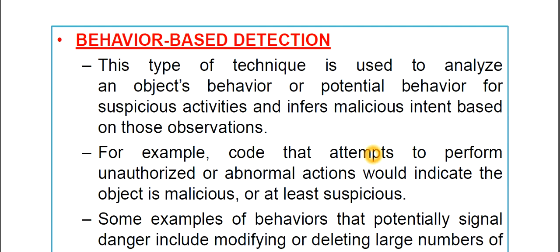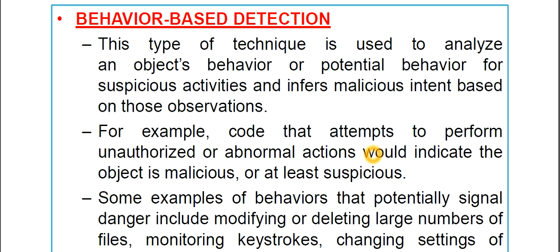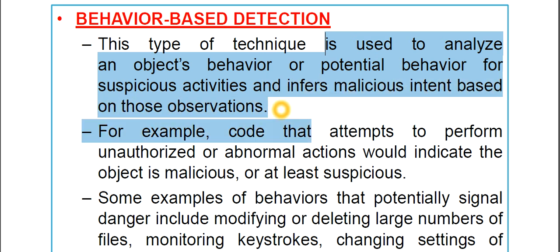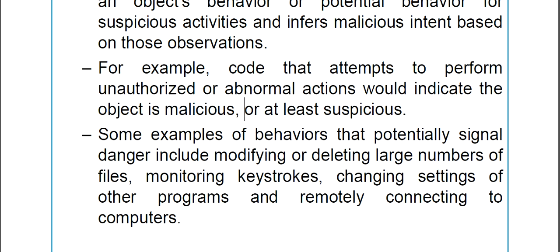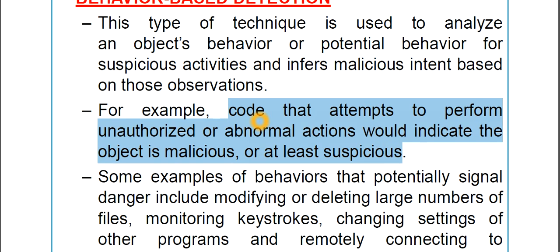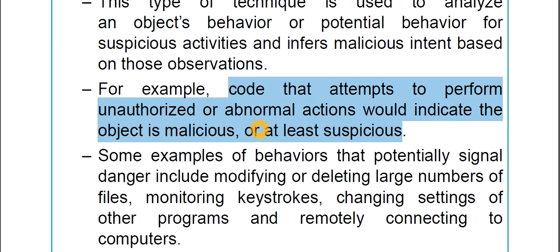And the last one is behavior based detection. This technique is used to analyze an object's behavior or potential behavior for suspicious activities and infer malicious intent based on those observations. As an example, code that attempts to perform unauthorized or abnormal actions would indicate that the object is malicious or at least suspicious.